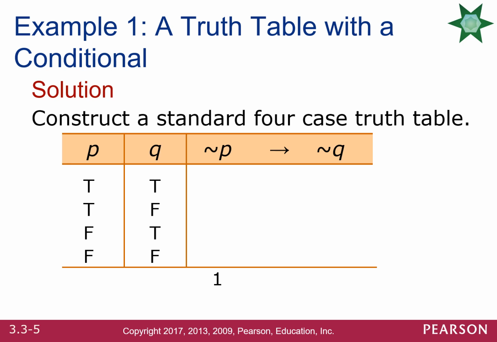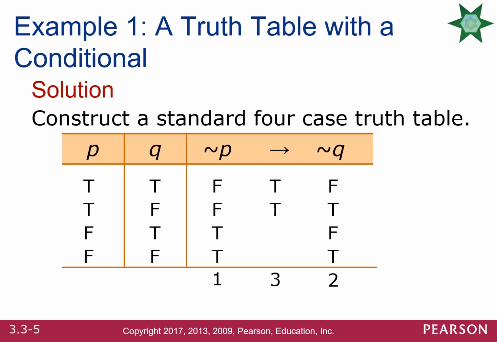So step 1, and then all the values for not P come up for the different combinations. T for P is an F, T for P is an F, F becomes a T, and then another F becomes a T. And then they go on to step 2, which is negating all the Q values, and that would be F, T, F, T. And then finally they will evaluate the conditional, which is going to be step 3.